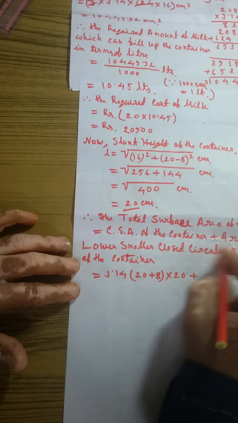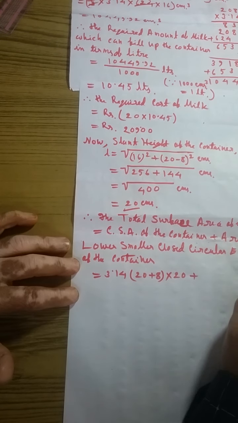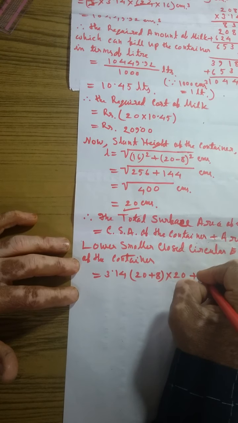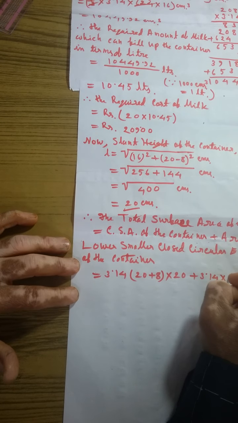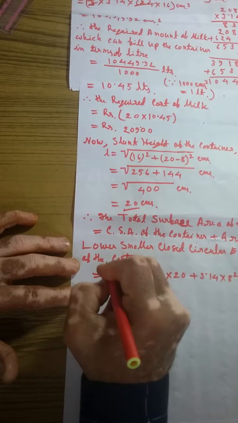plus area of the lower smaller closed circular end or base of the container, that means pi, that means 3.14 into r2 square, that means 8 square.